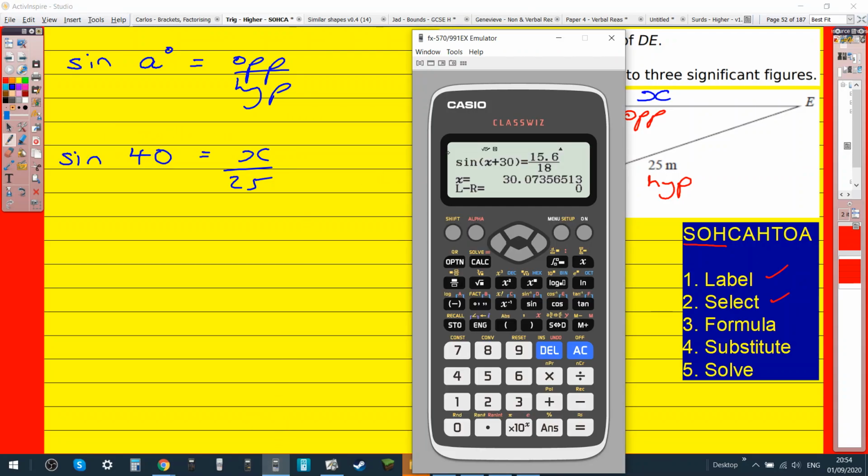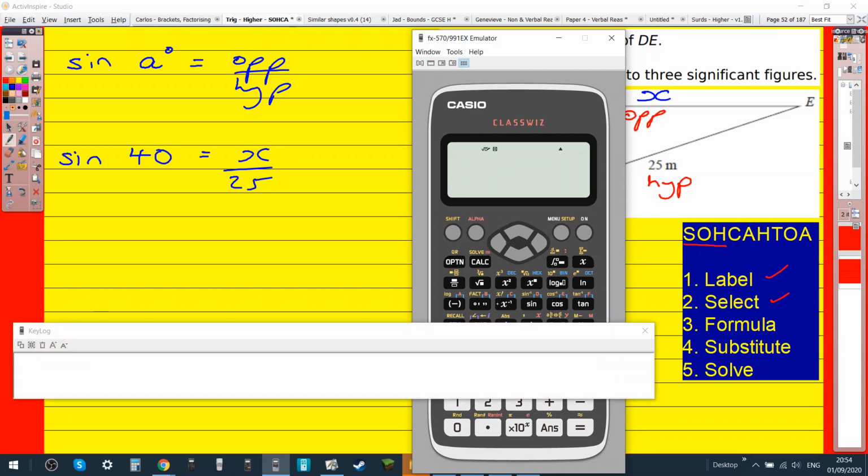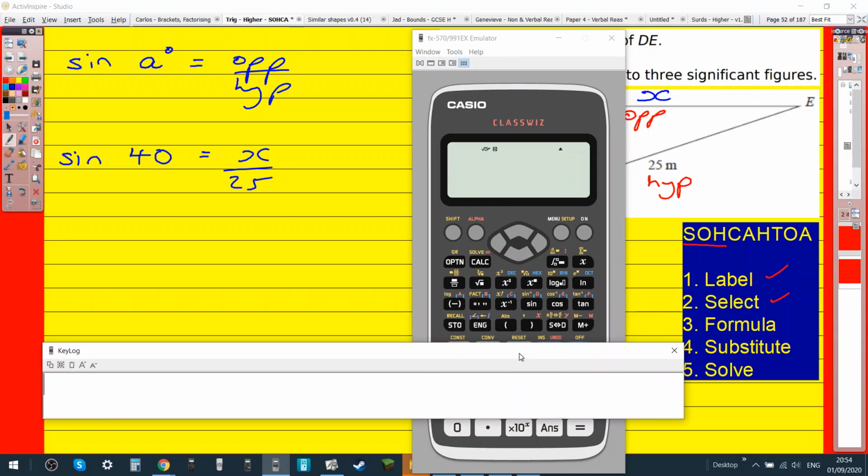Try to put that in your calculator. Sine 40. And you have to close the bracket. Do you remember how to get equals? I think so. You press alpha, then calc. Yep.